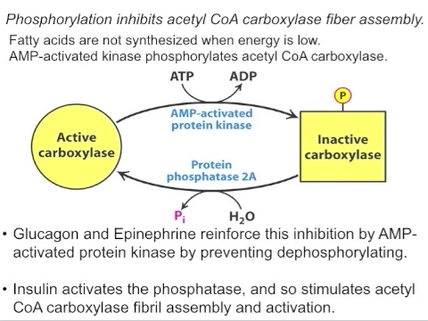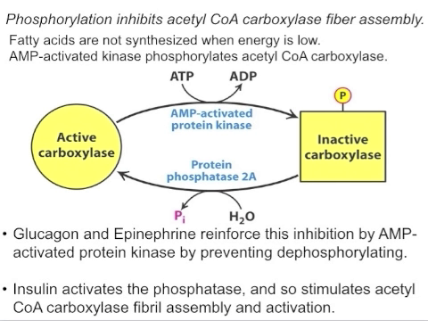And so, when energy is low, this is evidenced by high molar concentrations of AMP in the cell. This activates AMP-activated kinase, which phosphorylates acetyl-CoA carboxylase. This results in inactivation of the carboxylase. It promotes disassembly of the acetyl-CoA carboxylase fibrils into monomers.